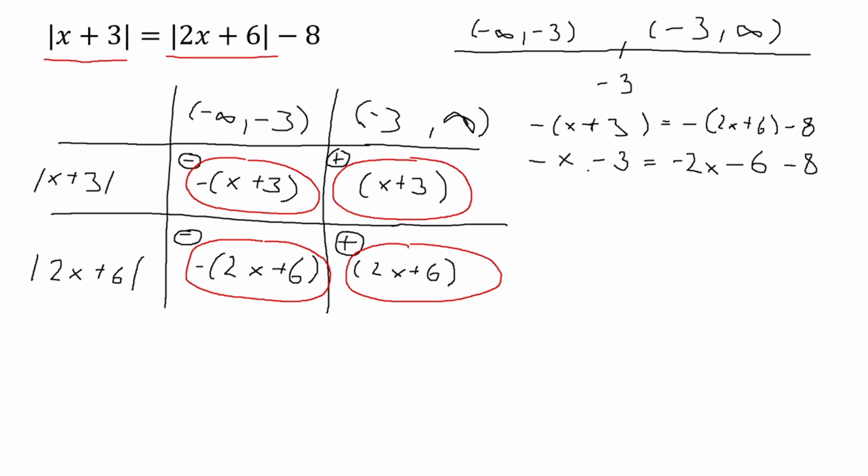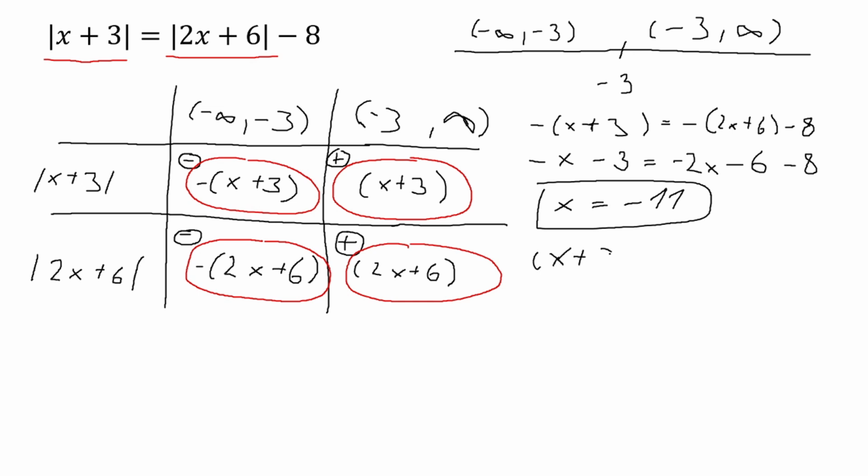So we can add 2x to the left side and to the right side, so that would be x is equal to, and then we could add 3 to both sides, so that would be negative 6, negative 14, negative 11, so x would be equal to negative 11.